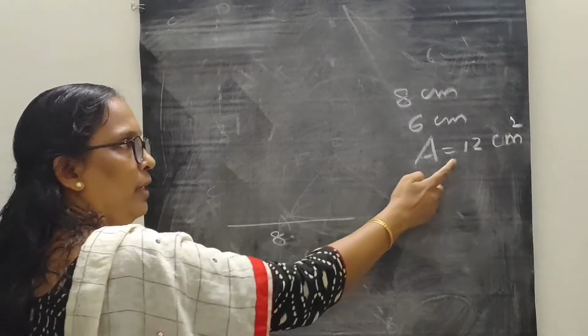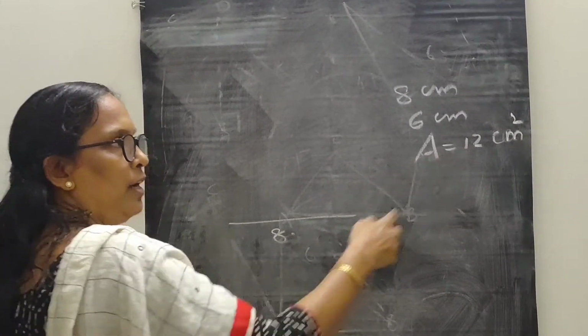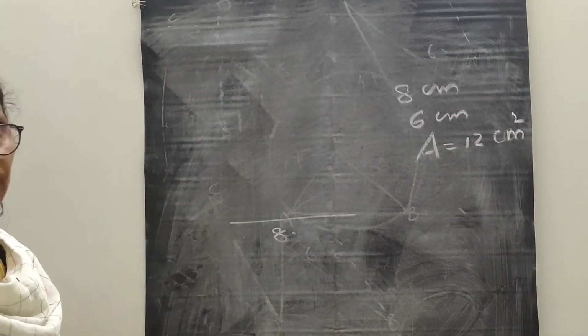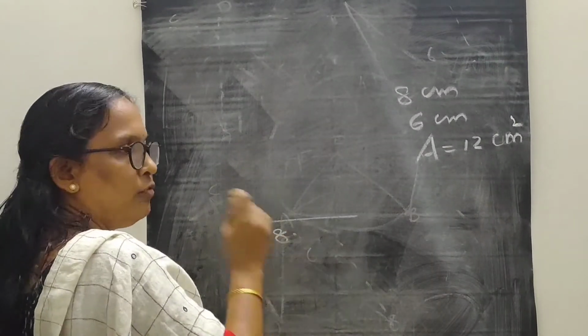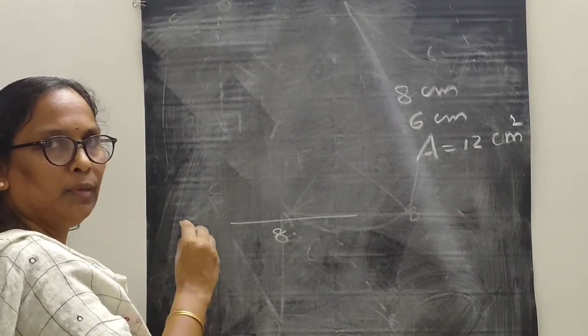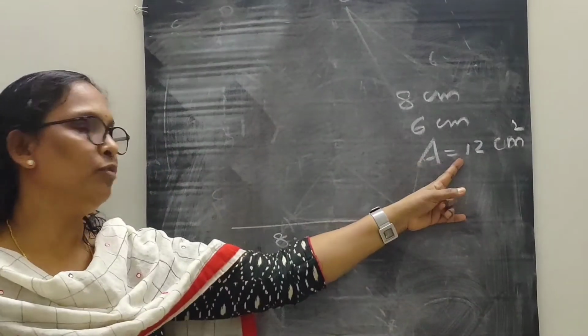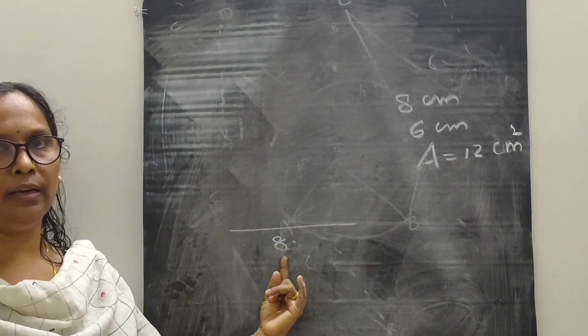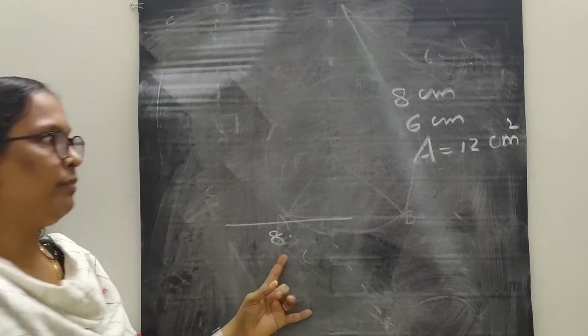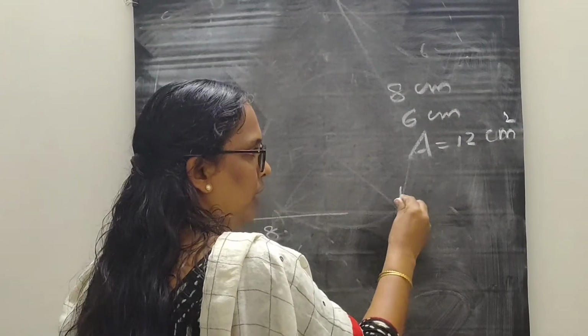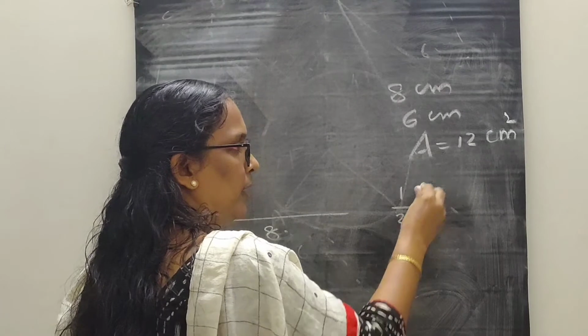Area 12 means, if we take the base as 8, to get the area 12, what should be the height? What should be the height of this triangle? Area 12, base 8. So what will be the height? We know that area means half b h.